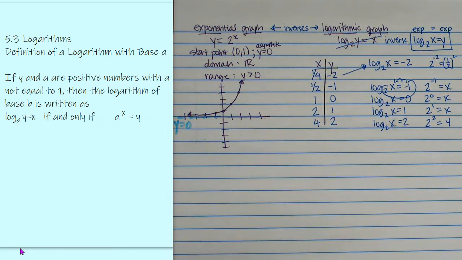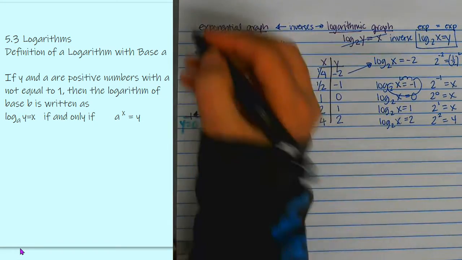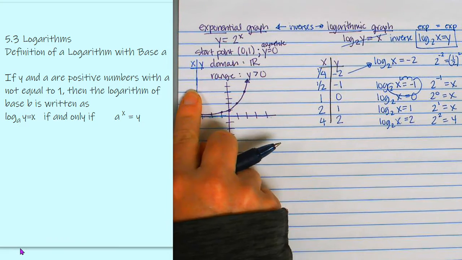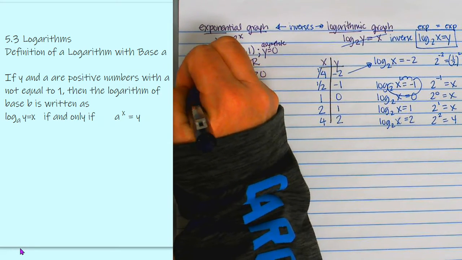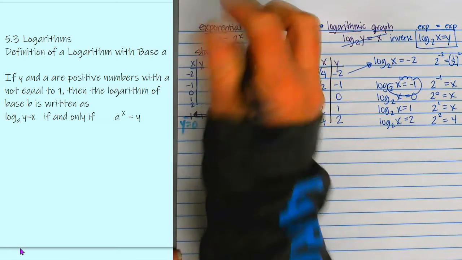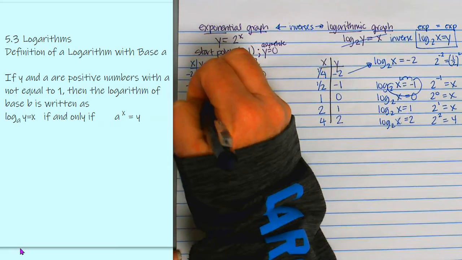I don't know, but let's look back at real quick. I'm going to write a little tiny XY chart over here. Our XY chart for exponentials was -2, -1, 0, 1, 2. And we plugged it in and we got 1/4, 1/2, 1, 2, and 4.